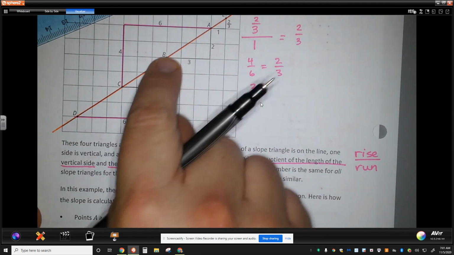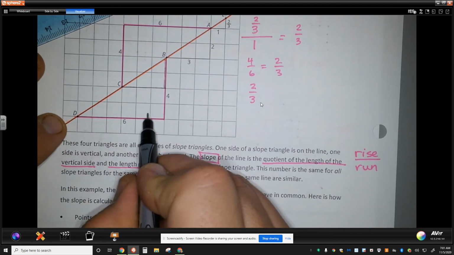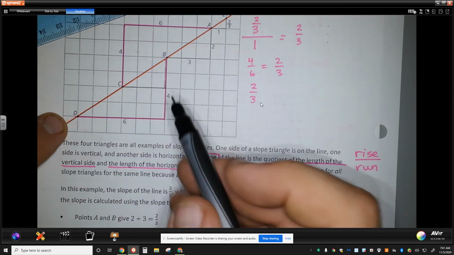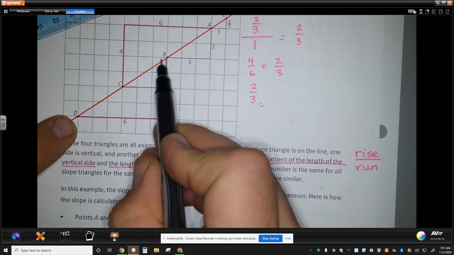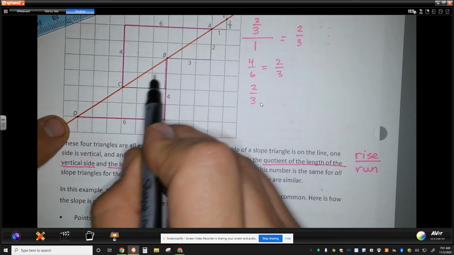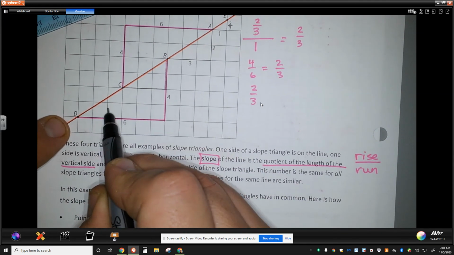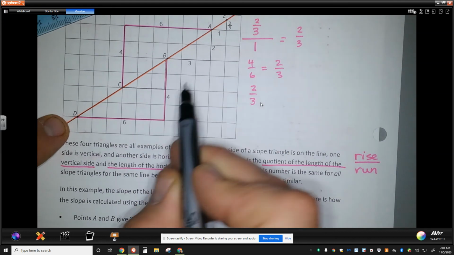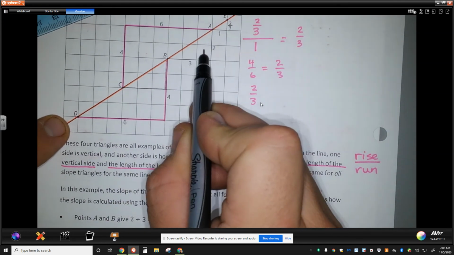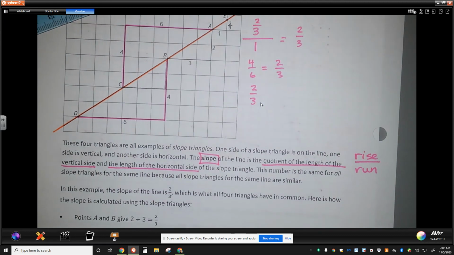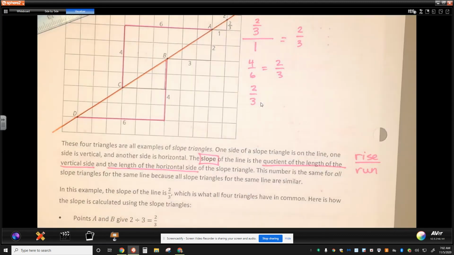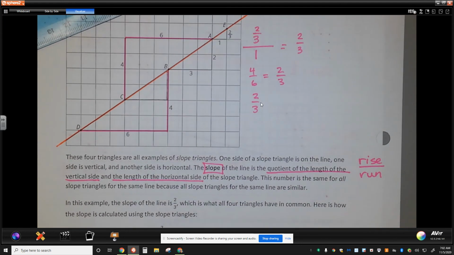I could also say that for this larger triangle, the distance from D to C is half that of D to B. I could dilate this triangle by a scale factor of 1/2 from center B, and I would get the exact same triangle we see up here that goes off of AB. As you can see, dilation plays directly into this.